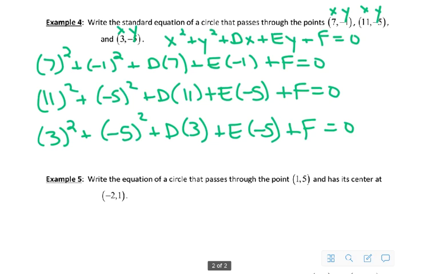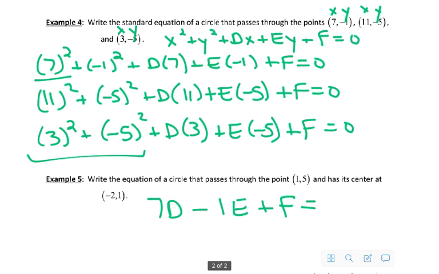And now I'm going to simplify this by multiplying all this stuff out, and I'm going to move it over to the right-hand side of the equation. So equation 1 is going to be 7d minus 1e plus f equals 49 plus 1 is 50. When I move it to the other side, it becomes negative 50.